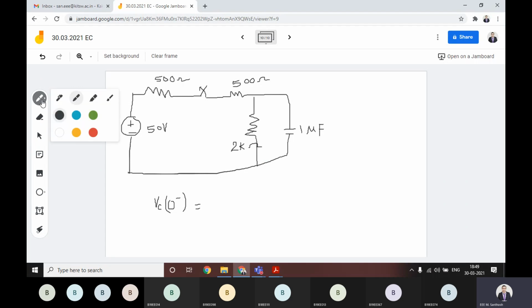At 0 minus, the circuit is at steady state, so simply you have to open circuit these terminals. That means you have to remove the capacitor. This is open circuit now. Directly you have to calculate the V value here. That value is equal to Vc 0 minus. You try to calculate that.